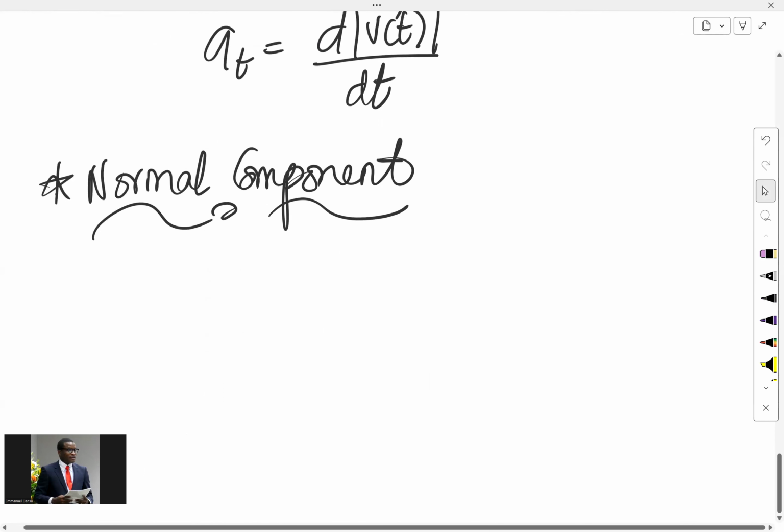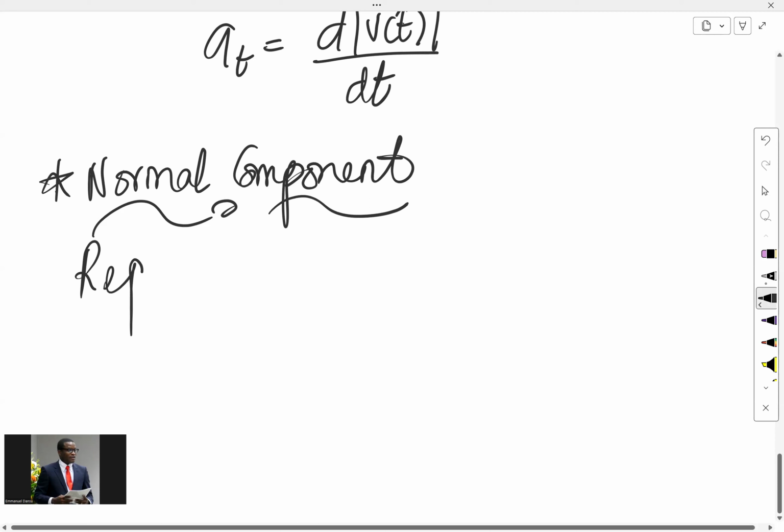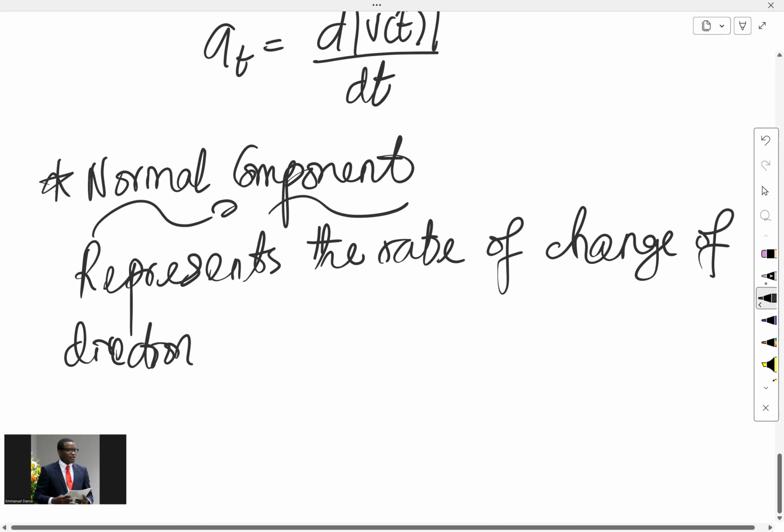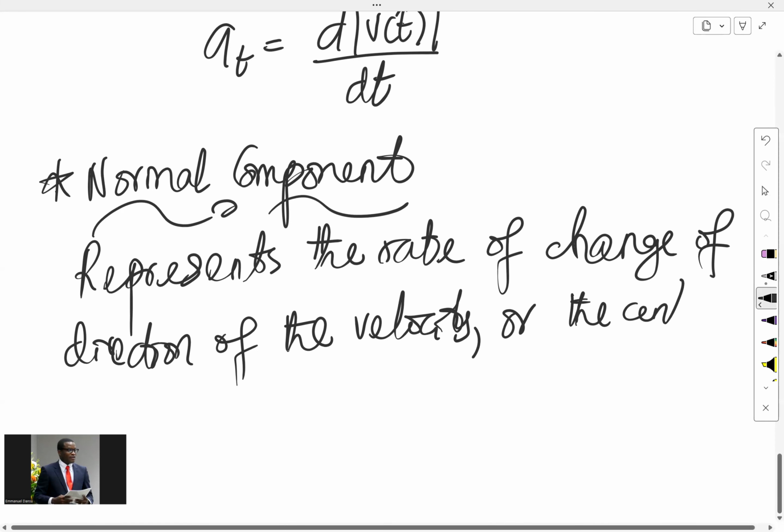Here, the normal component represents the rate of change of direction of the velocity, or the centripetal acceleration.